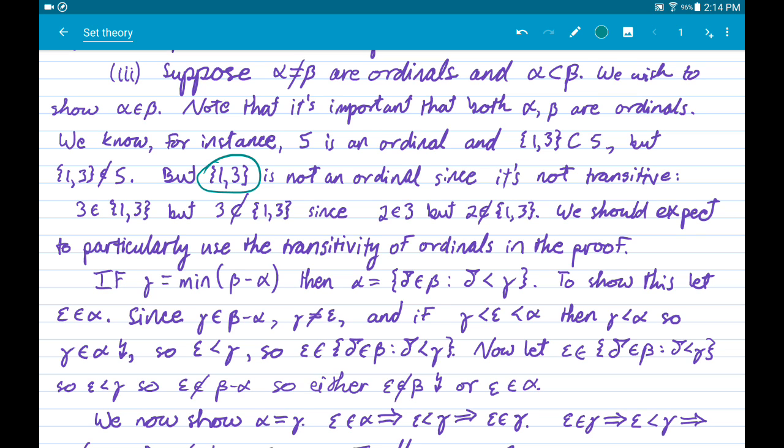So that seems like maybe that will be an important property of the proof when we get into it. So that's one intuitive remark, that we really must be using the property of alpha that it is an ordinal.